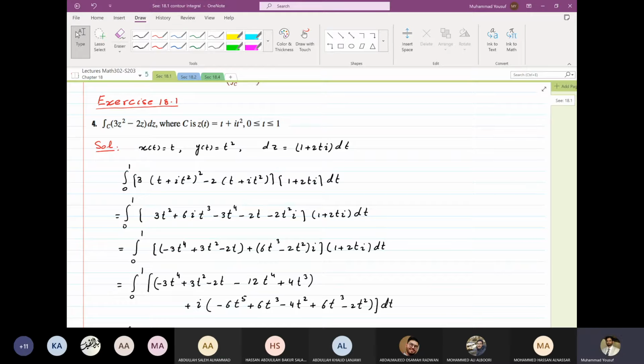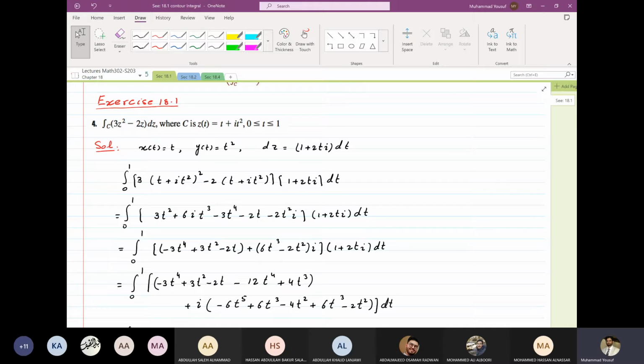Integral of 3z squared minus 2z dz, exactly the same as we did before. The curve is given: x of t is t, y of t is t squared, z of t, dz will be dx plus i dy.